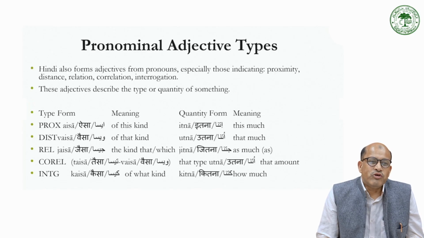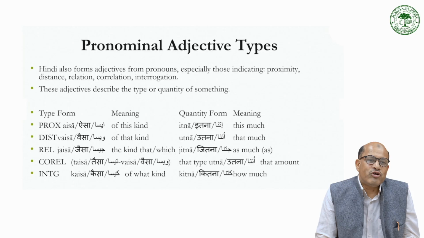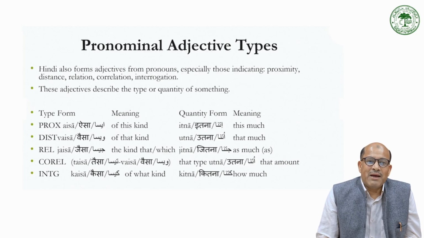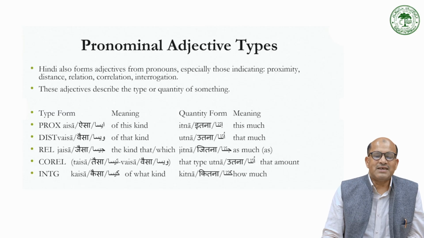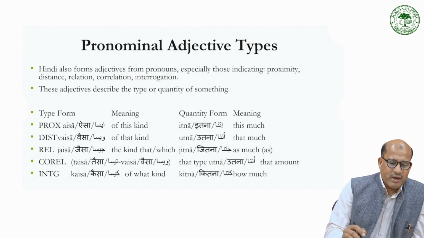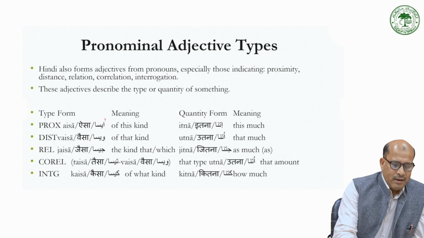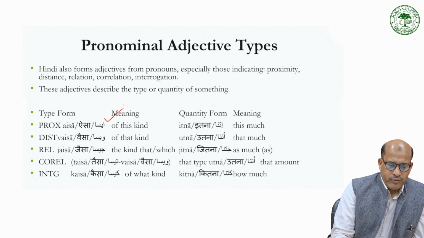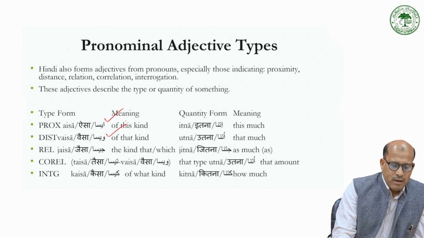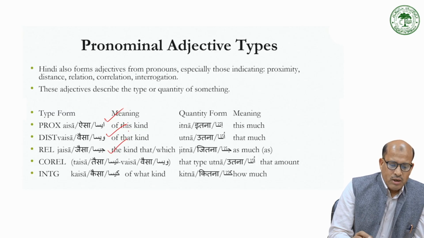Hindi Urdu also forms adjectives from pronouns, especially those indicating proximity, distance, relation, correlation, and interrogation. These adjectives describe the type or quantify something. So if you look at this, this is something new that you can remember. Aisa, of this kind. Vaisa, proximity, distributive. Jaisa, the kind that or which.